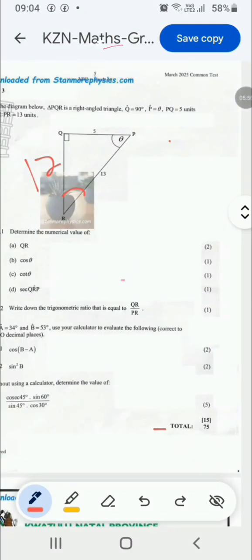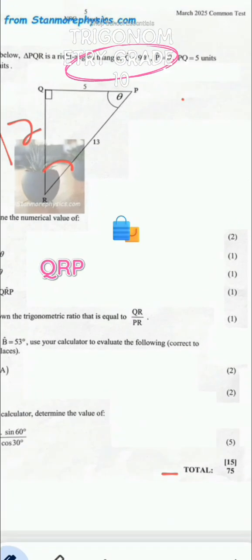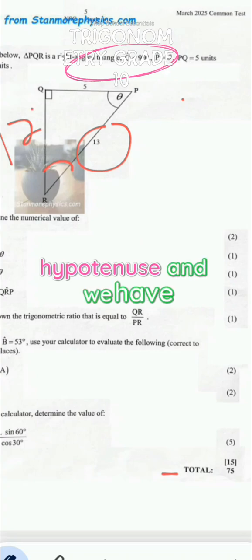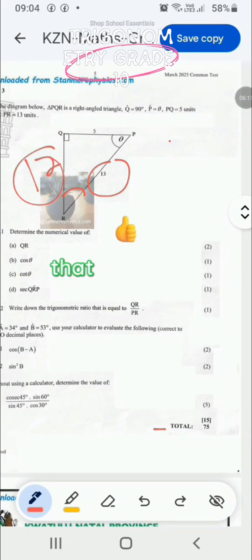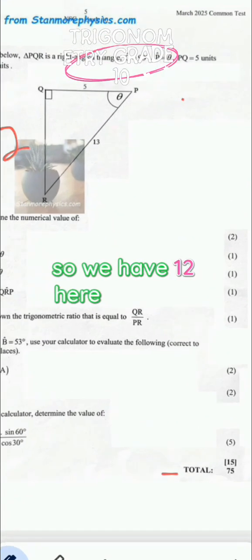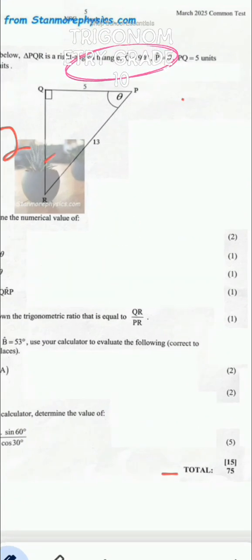So they're saying sec is 1 over cos, and they're saying QRP. So we have 13 here, which is the hypotenuse, and we have that. Okay, no, I realized my mistake. So we have 12 here. Don't be confused, please bear with me.